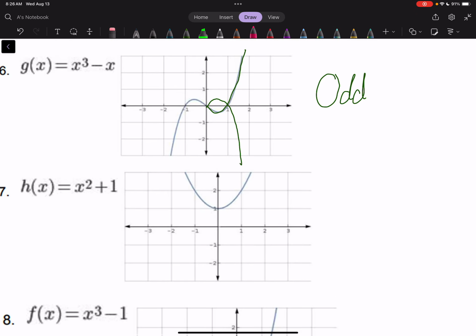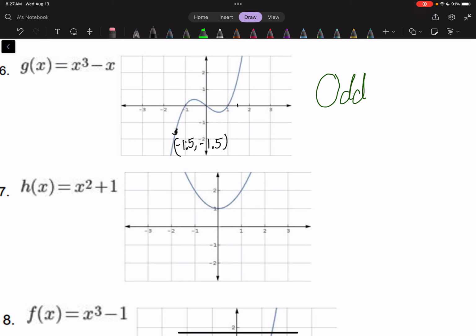You could also pick points on this line. It's the same thing. I'll show you that real quick, and then I'm going to move on. If I pick point -1.5 and -1.5, 1.5 should be a point.